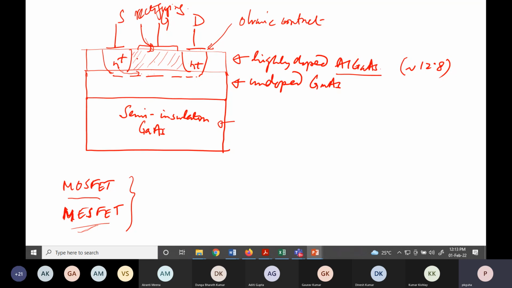If we don't deplete, as I said, there will be current through this aluminum gallium arsenide layer, and the mobility of those carriers will be low because it is highly doped. You see, there will be lots of ionized impurity scattering. So our goal is to deplete this entire aluminum gallium arsenide portion. But how are we going to deplete it? We are going to deplete it by applying bias at the gate.